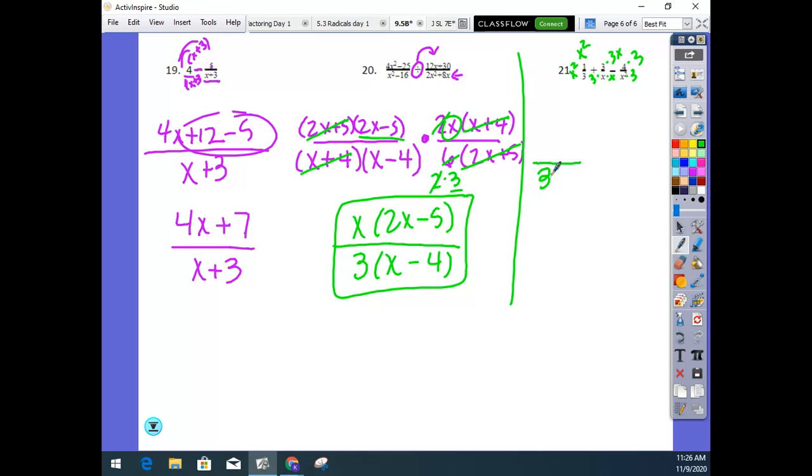So my common denominator is 3x squared. X squared times 1 is just x squared. Let's just do this all in one step. Plus 3 times 3x is 9x minus 4 times 3, 12. And there's nothing that we can do to simplify. Final answer.